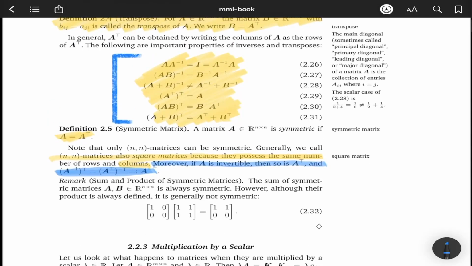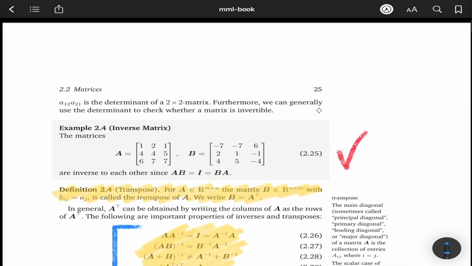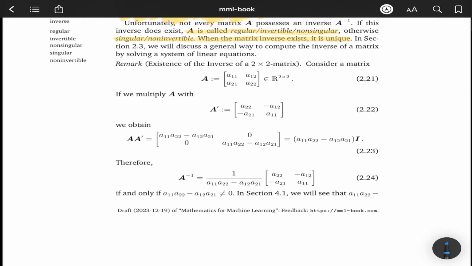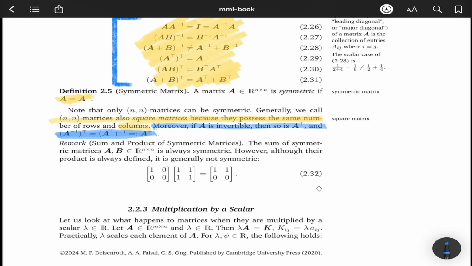Okay, not every matrix has an inverse. This is what they said before, right? Yes, here we have it. If this inverse does exist, then the transpose of it is also invertible.